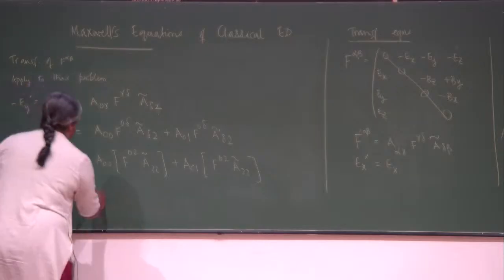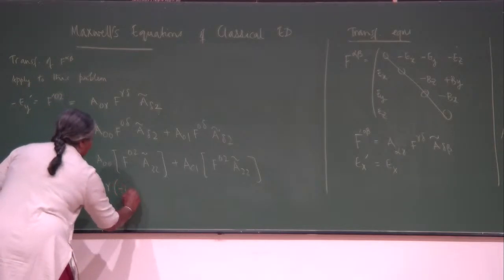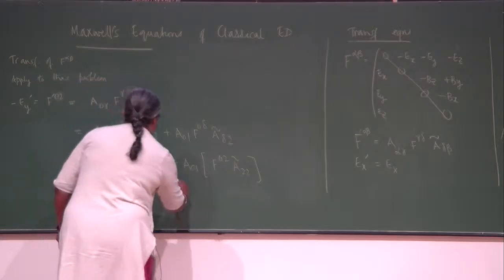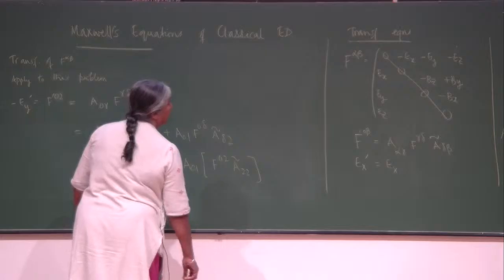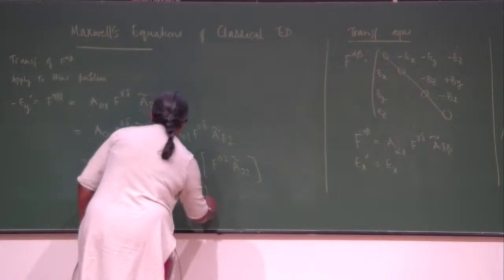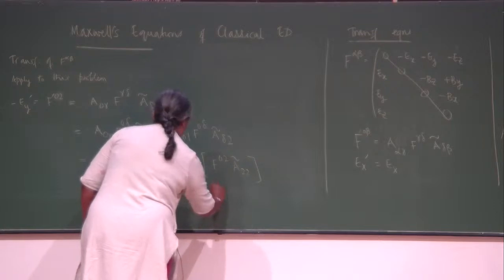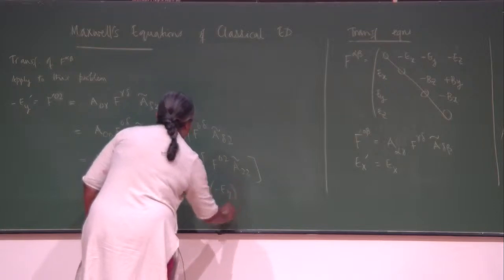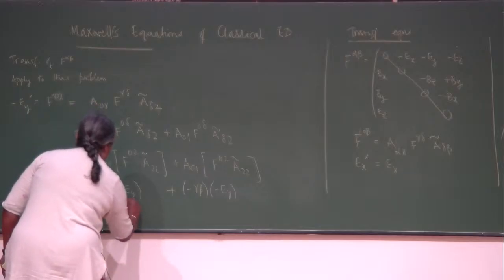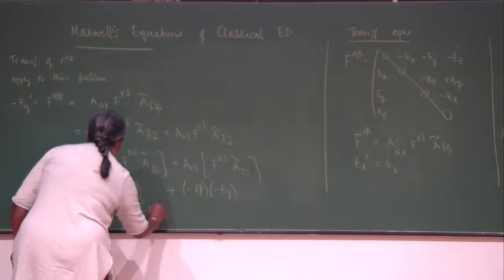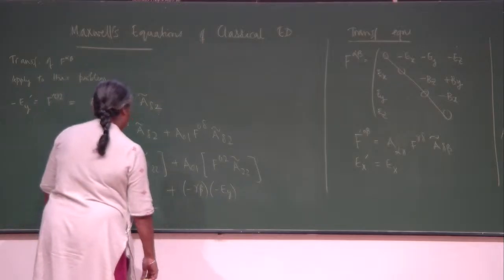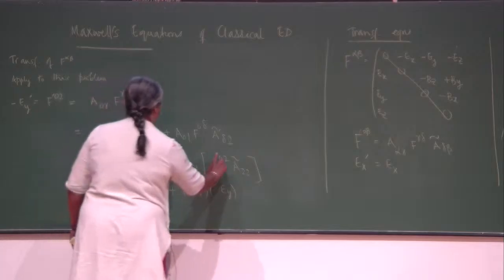So that will be gamma minus Ey, A22 is 1 plus 1 is minus gamma beta, right? Gamma beta F02 is minus Ey, A22 is 1. Sorry, what have I done?